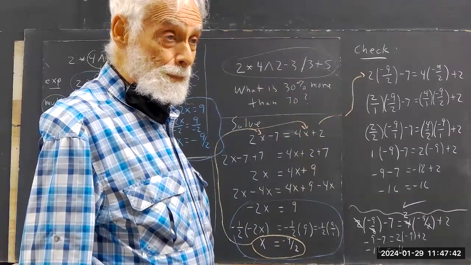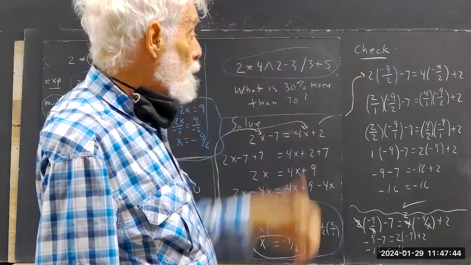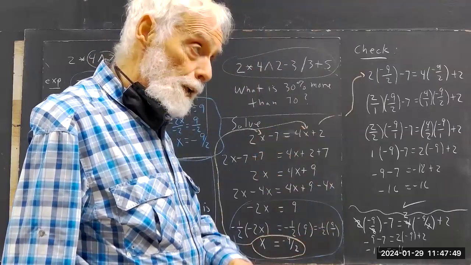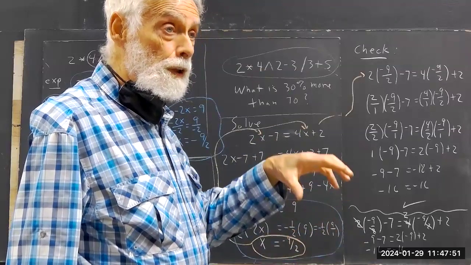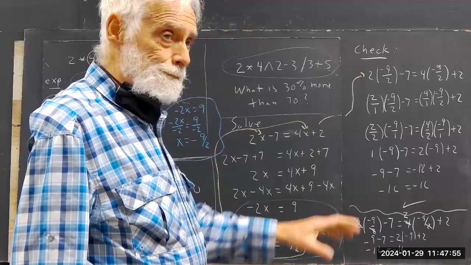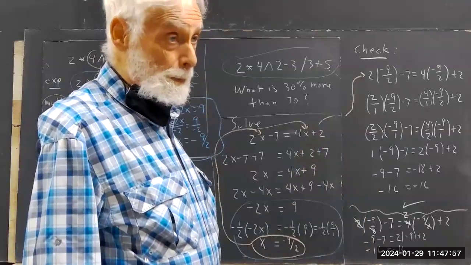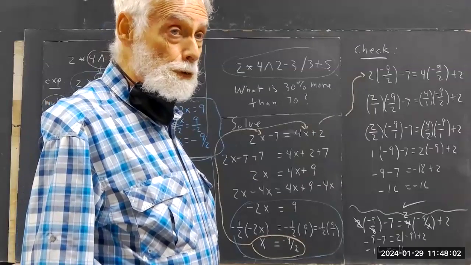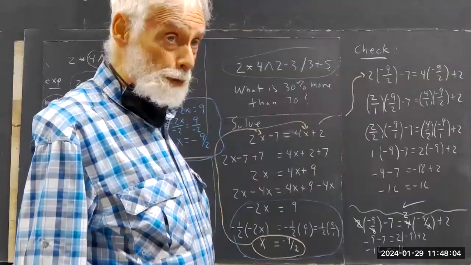Okay. So people cancel without knowing the rules for cancellation. So make sure you carefully apply the rules for cancellation. Because a wrong cancellation just screws up the whole problem. You almost never get a useful solution if you cancel incorrectly.